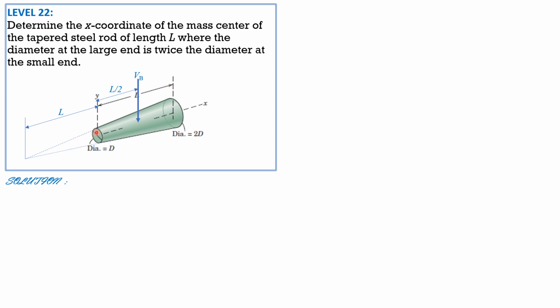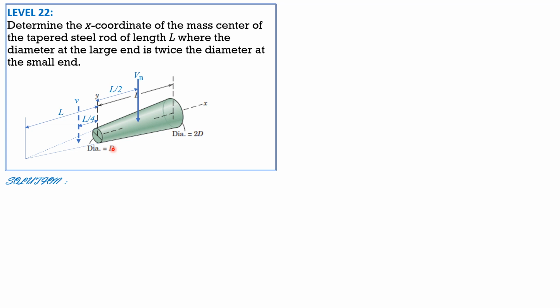Likewise, if we consider the small cone, the volume is denoted by a small v, and its location, the centroid or center of gravity, is 1/4 of L. So that's L over 4, but if this is the origin, it lies to the left, so that is negative. The volume is volume of big cone minus volume of this small cone.